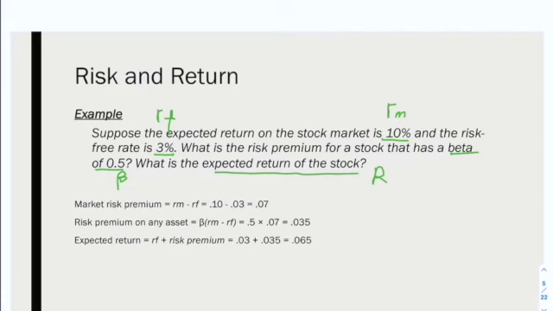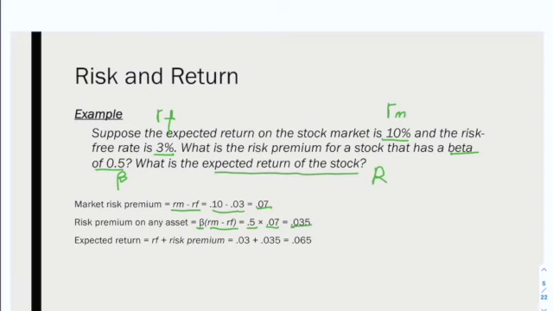Right? So we know the market risk premium is the difference between RM and RF. 10% minus 3% is 7%. Then the risk premium for any risky asset is beta times the market risk premium. 0.5 times 7% equals 3.5%. Make sure you know how to convert between decimals and percentages.